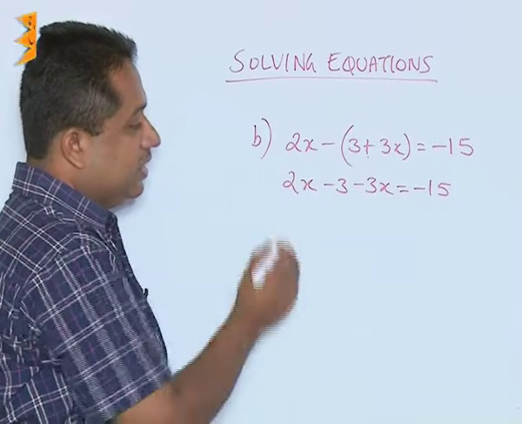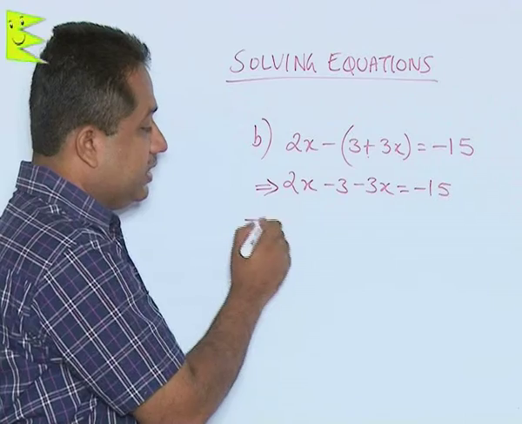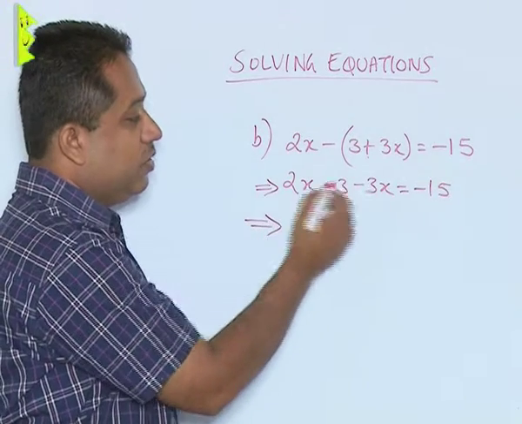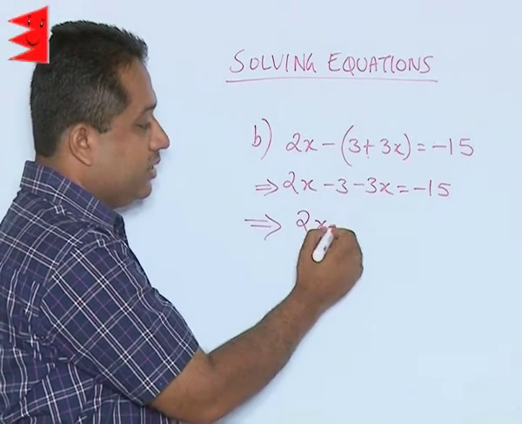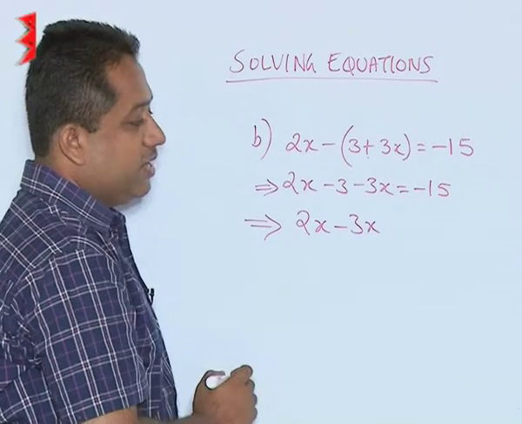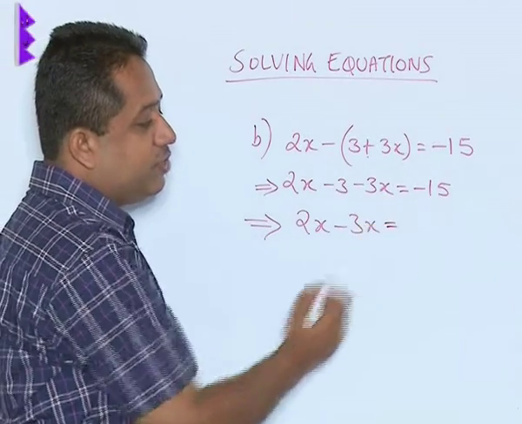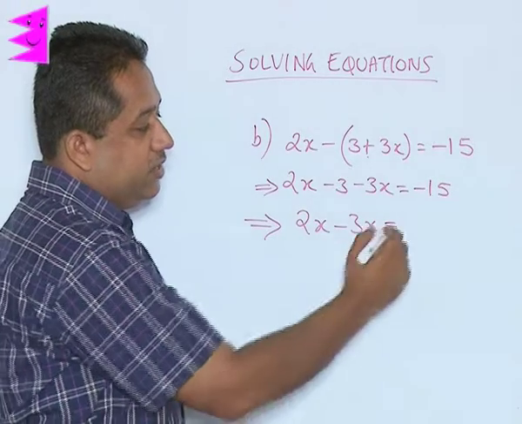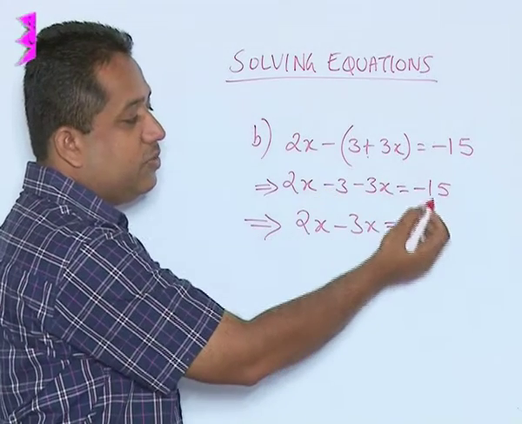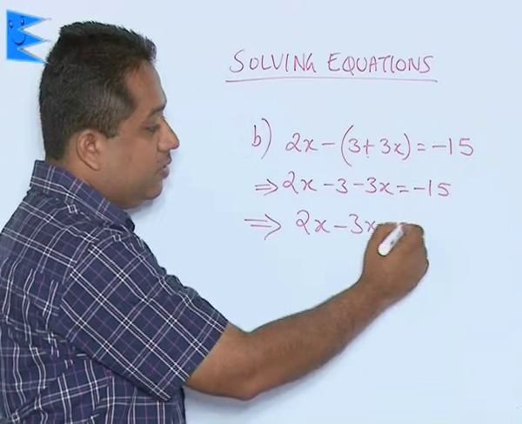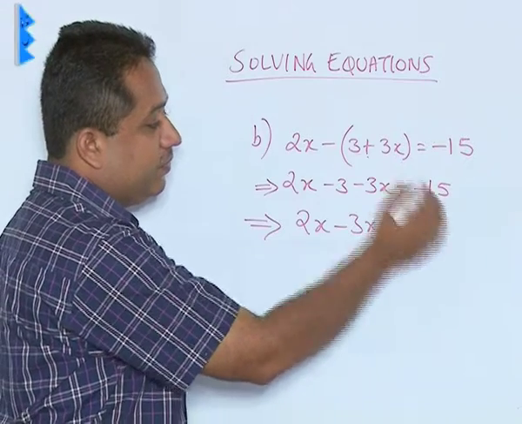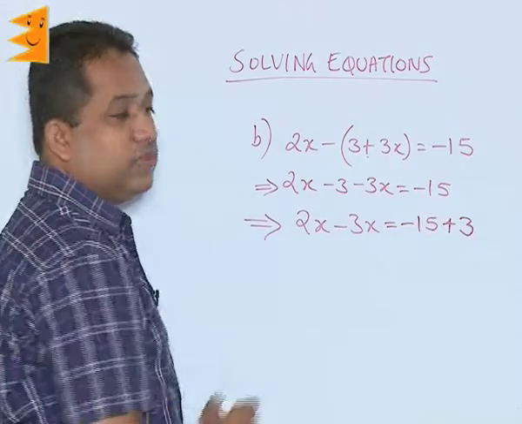Now, after this the steps are simple, that is collection of the like terms. So, you are going to bring the x terms together, that is 2x and minus 3x, and this number minus 3 we are going to shift to the other side. So, the sign of minus 3 is going to be converted to plus 3. So, we get minus 15 plus 3.